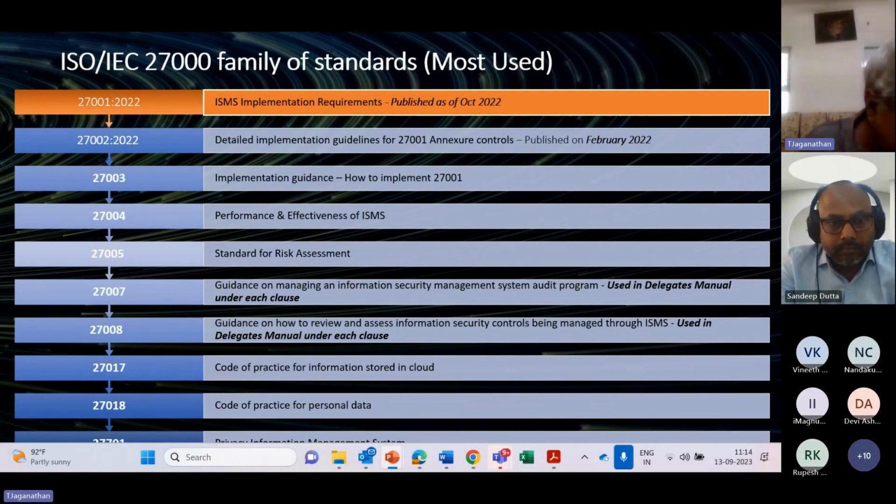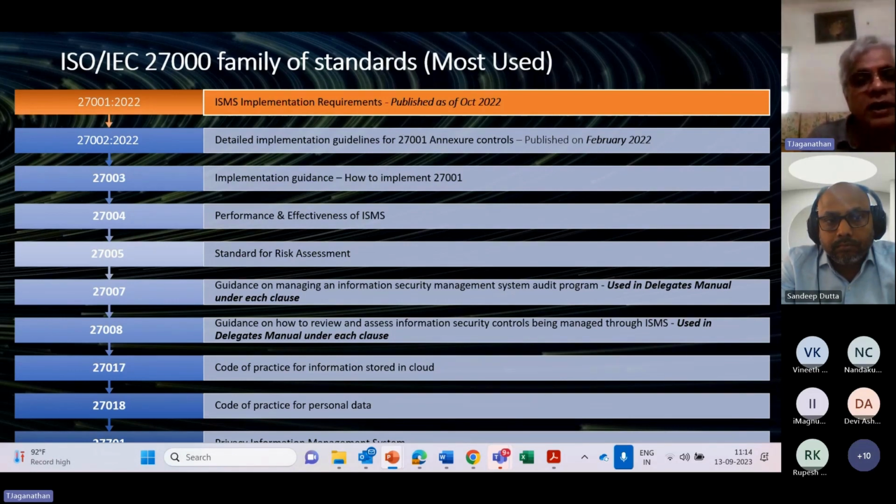It will not say 'to get certified'; it says this is what a company should do to ensure the information security objective is achieved. So someone can come and verify, audit, and give you the certification: yes, I verified, and you are meeting it. So the requirement standard, 27001, is certifiable.